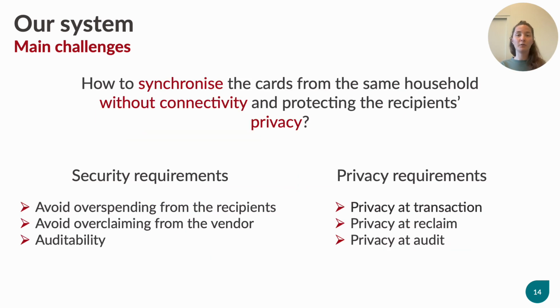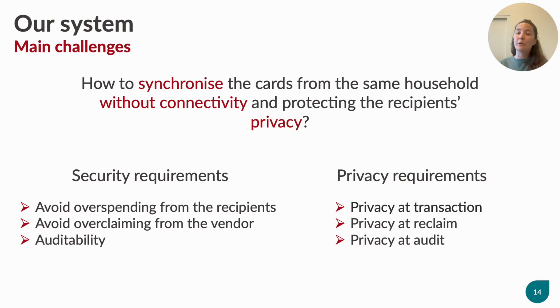The main challenge of our system is to synchronize the cards from the same household without connectivity and protecting the recipient's privacy, while meeting our security and privacy requirements. On the security side, recipients should not be able to spend more than what has been allocated to their household. The vendor should not be able to reclaim more than what they've sold for, and the system should be auditable.